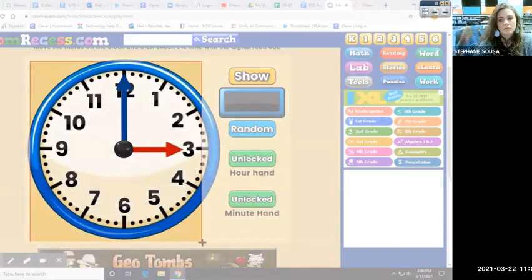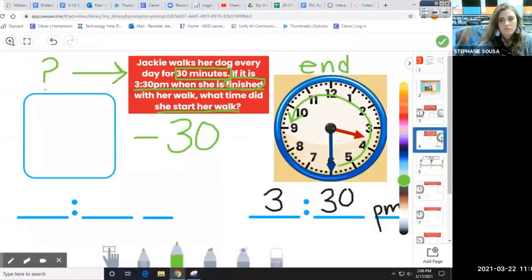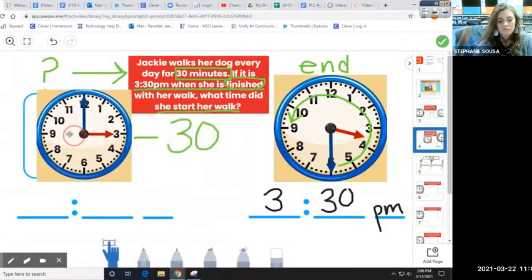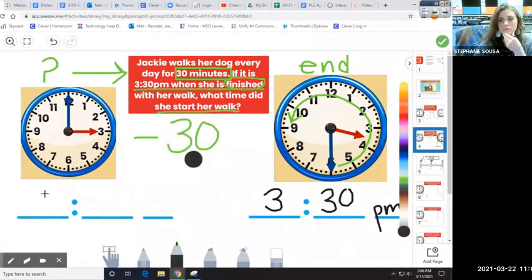Today you will take a picture to prove your work. You will put it over the box on Seesaw, and you will write your time. I know that Jackie started at 3:00, and now I need to consider if it's still PM or AM.